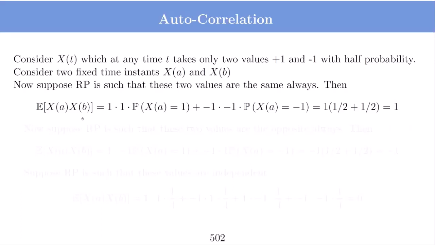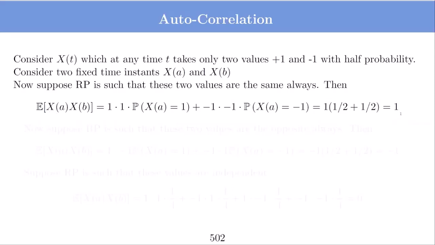So if I compute the autocorrelation, which is nothing but the expectation of the product of Xa and Xb, we can notice that either both are 1, so the product is 1, or both are -1, in which case the product is also 1. So it either takes the value +1 with half probability or also takes +1 with half probability. So in that case, the expectation is just 1.